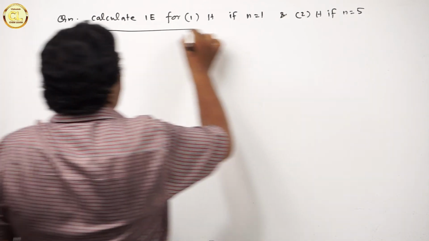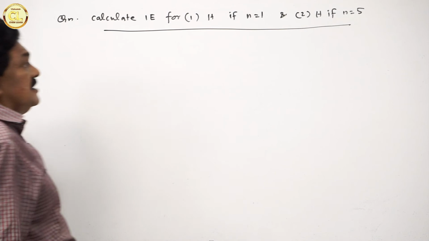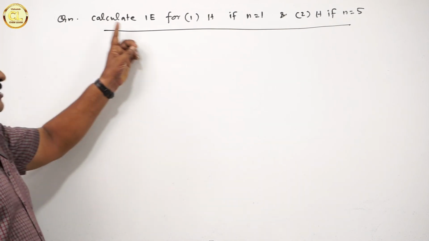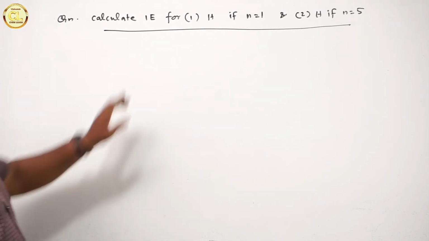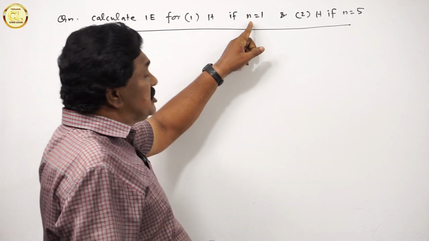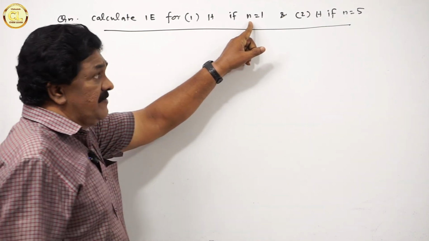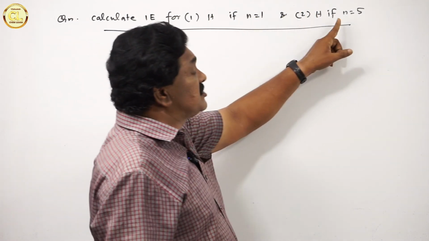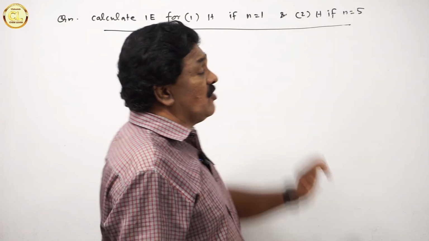We are asked to find the ionization energy or ionization enthalpy for hydrogen if the electron is initially present in the first orbit, and if the electron is initially present in the fifth orbit.